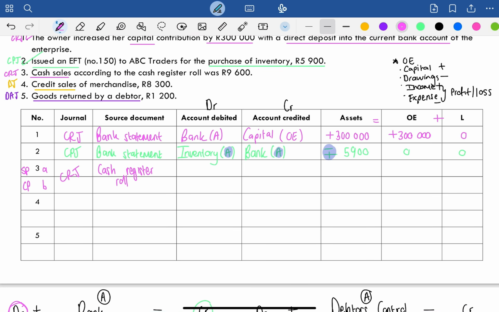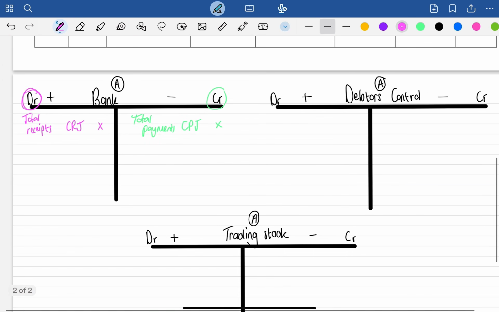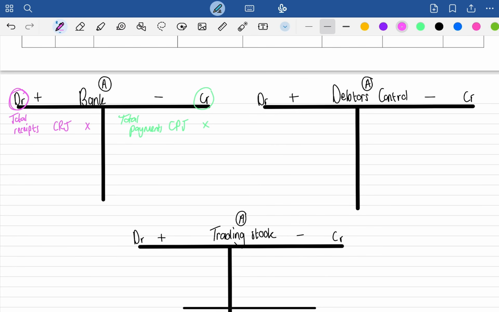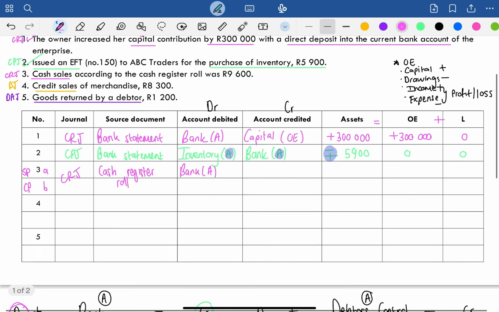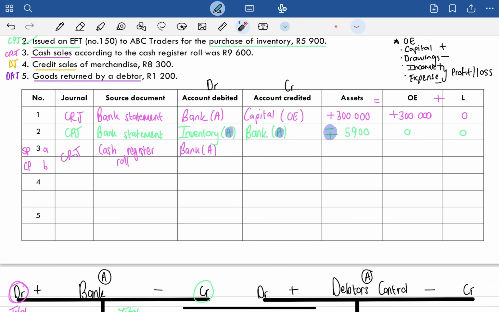Now, you'll see that we are consistent, that every time it's CRJ, my bank is going to increase. So my bank increases on the debit side, and therefore I'll say bank is debit. Now, if you think about it, the customer will always pay the selling price. And that's why my bank is increasing with the selling price.